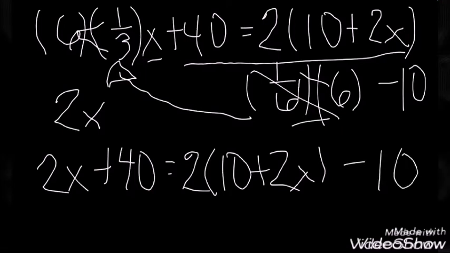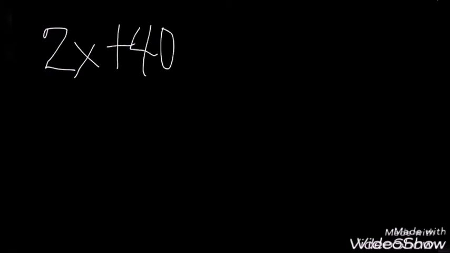After clearing the fractions, we're now going to distribute the 2 to the numbers in the parentheses. So this is how we move it down: first the 2x plus 40.